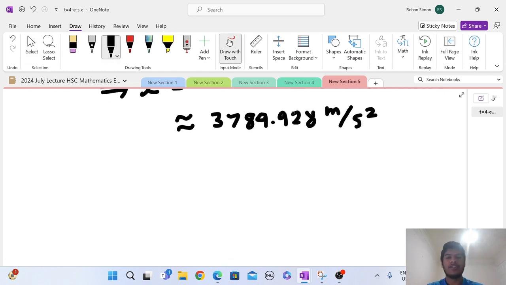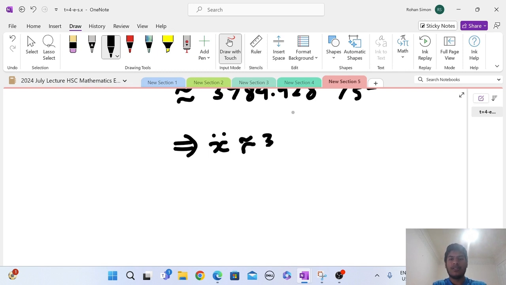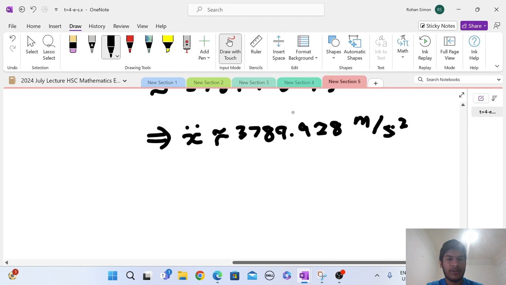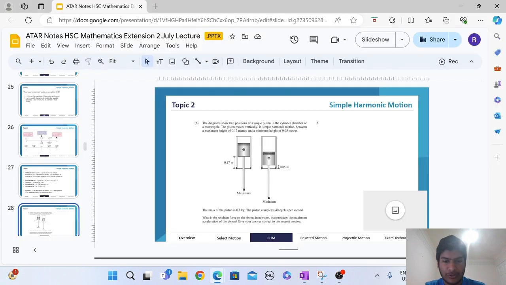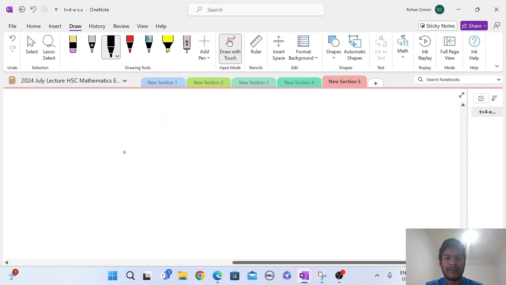It's just our unit for distance over our unit for time squared. So our maximum acceleration is about 3789.928 meters per second squared. And you can leave it in exact form if you'd like to. In this case, it's probably okay to round it because in mechanics, rounding is fairly reasonable. Try and leave it in exact form if you can, but they shouldn't be too critical of rounding because it is mechanics in the end.